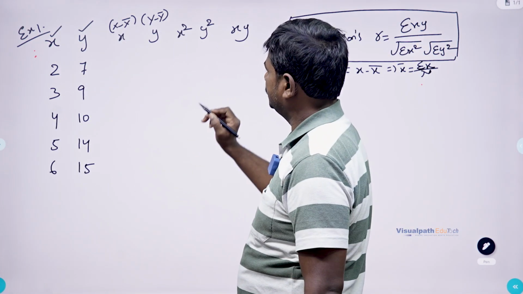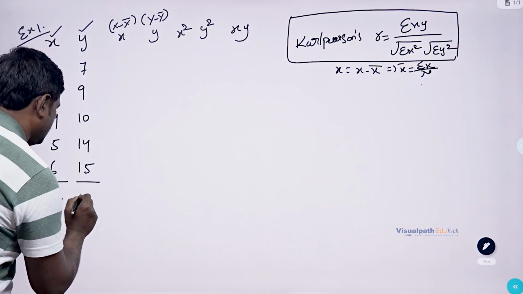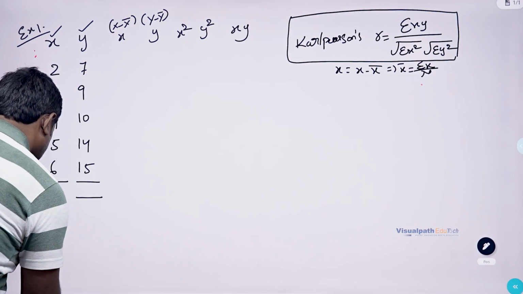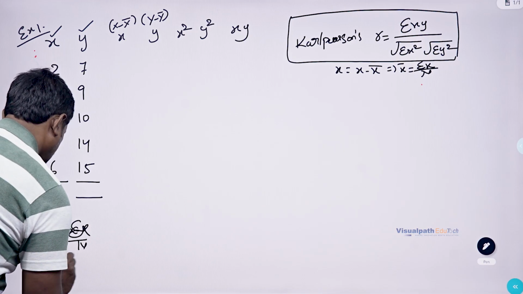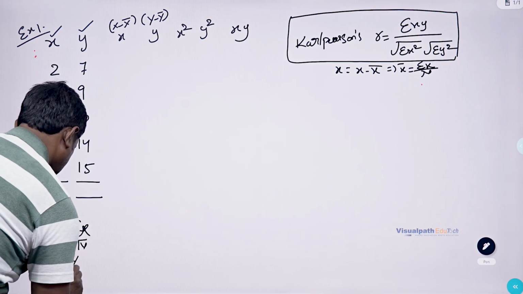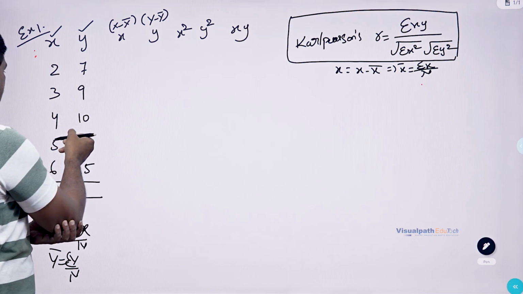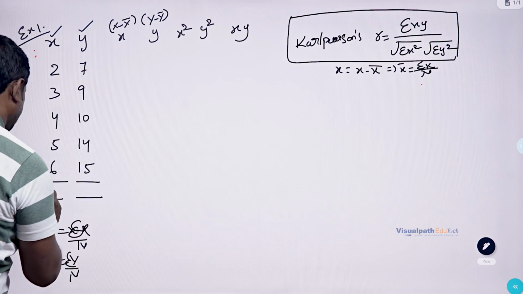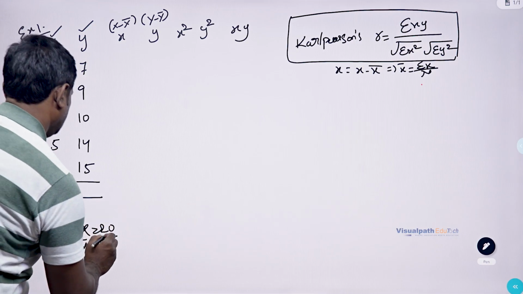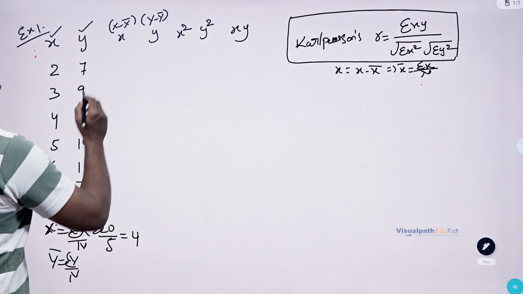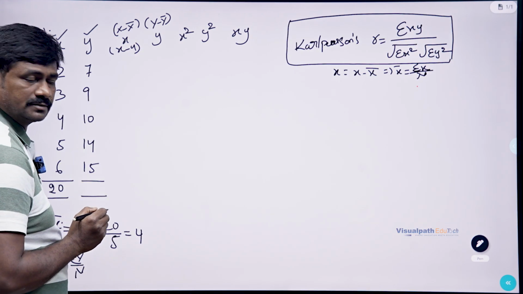So first we need to calculate X bar and Y bar. X bar is equal to sigma X by n and Y bar is equal to sigma Y by n. To calculate this, 2 plus 3 is 5, plus 4 is 9, plus 5 is 14, plus 6 is 20. 20 by 5 is equal to 4, so X bar is 4.